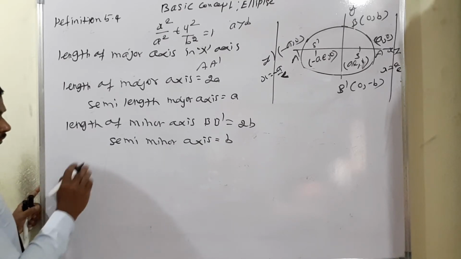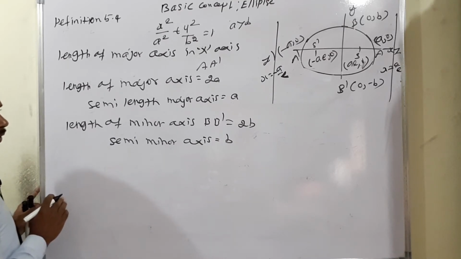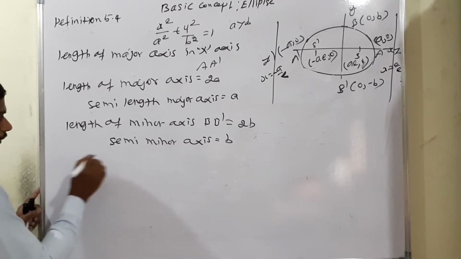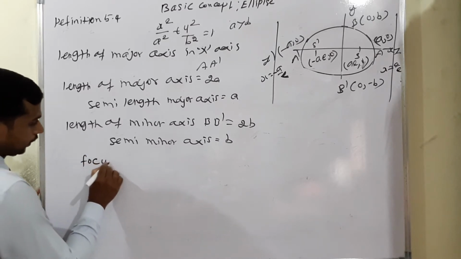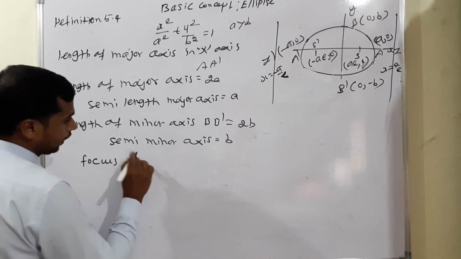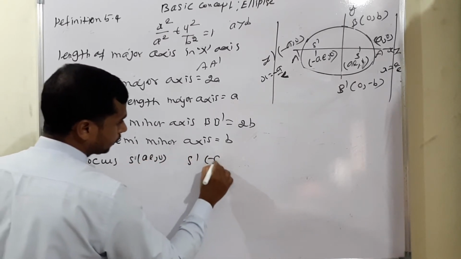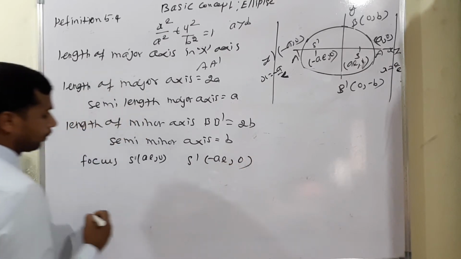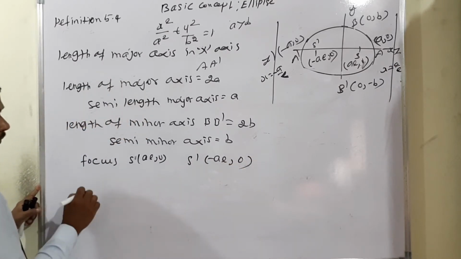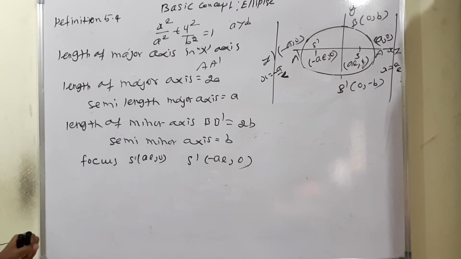Next, the foci: S and S dash are AE comma 0 and negative AE comma 0.